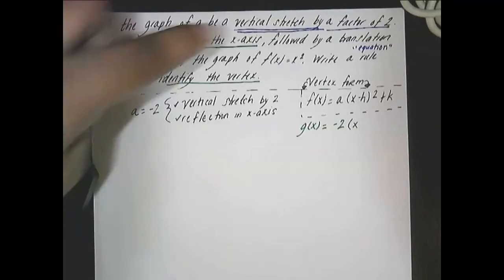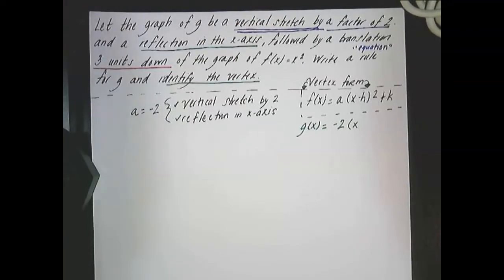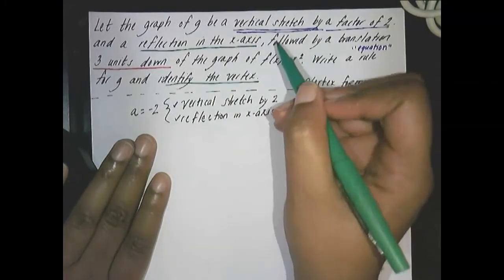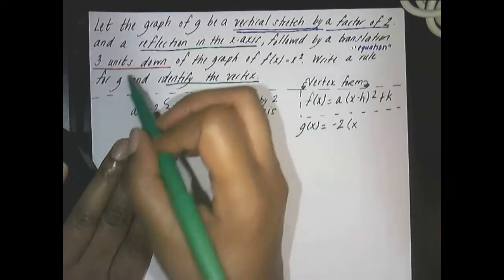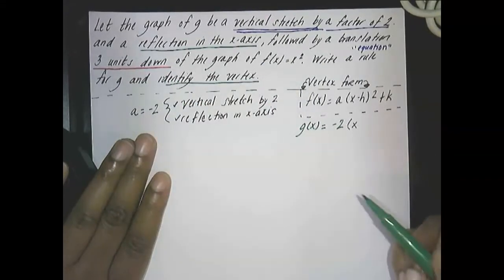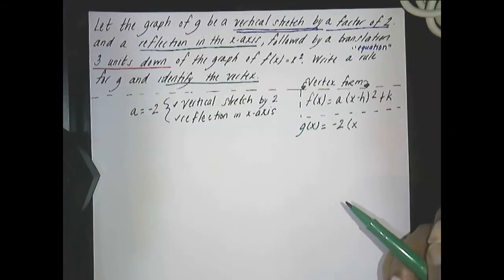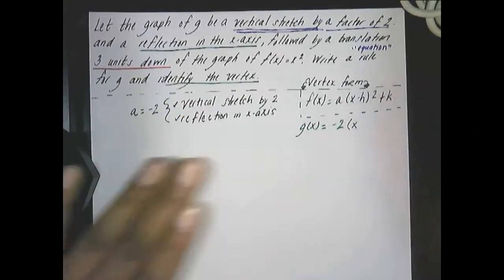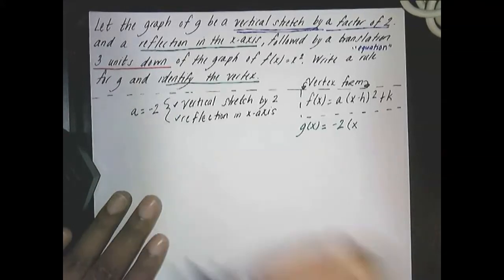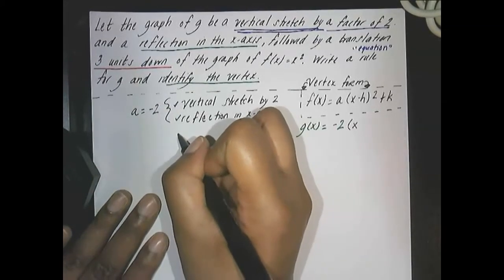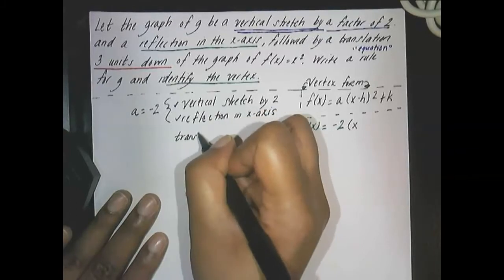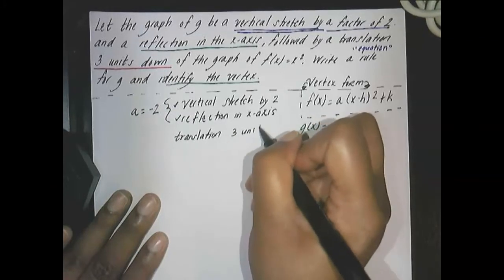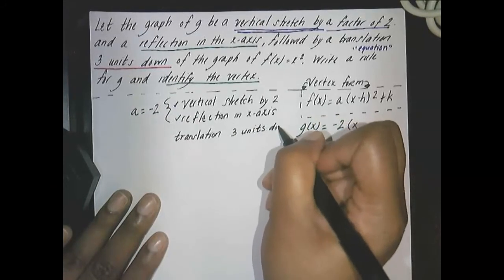We took care of what is in purple and green, the first 2 parts of the transformation. Then it says to do a translation 3 units down. That's also something that's vertical, and when we move the graph up or down, that's the k variable. So I'll write translation 3 units down.